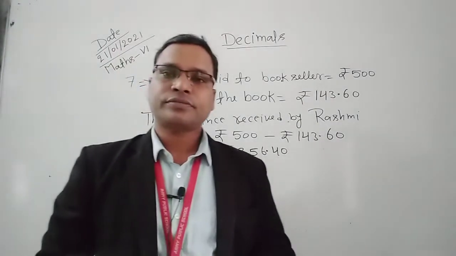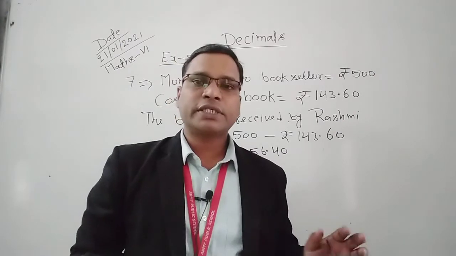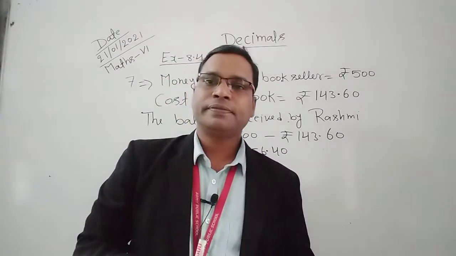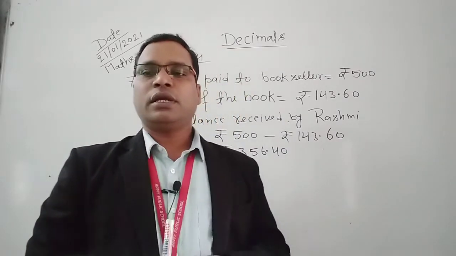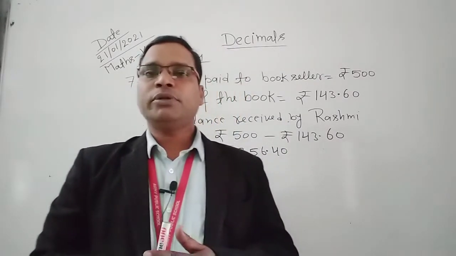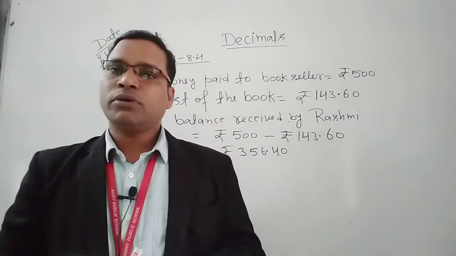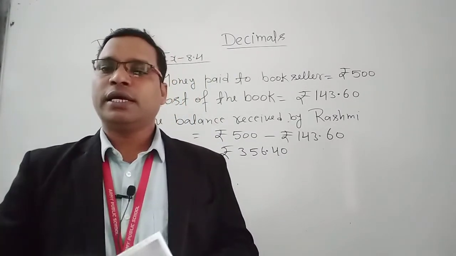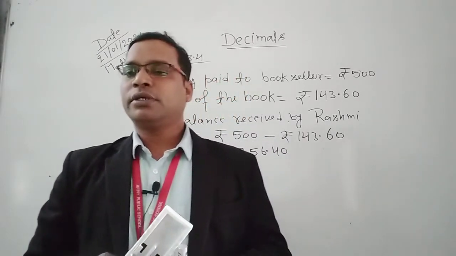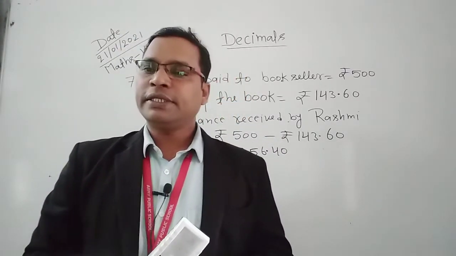Now we are going to discuss the next question, question number 8. Okay, so let's see what is in question number 8. It is given that Akash bought vegetables weighing 10 kg.